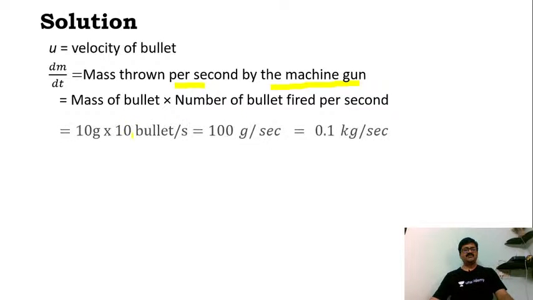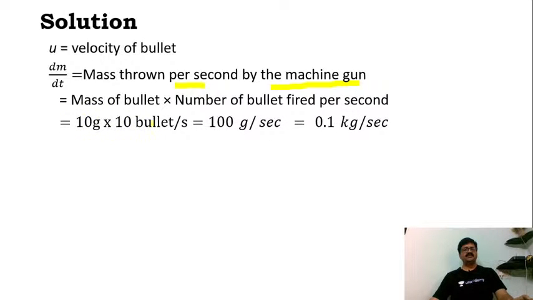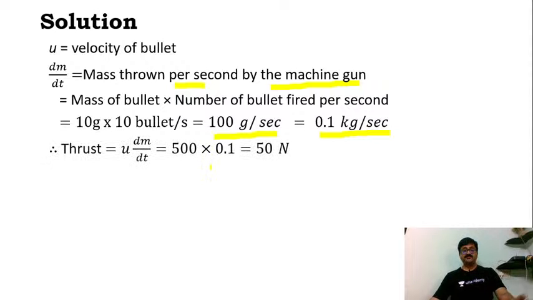So mass of bullet is 10 gram into 10 bullets per second, so obviously it will be 100 gram per second or 0.1 kg per second. Now we'll make use of Newton's second law here. We'll say that thrust is a force. Thrust is equal to u into dm by dt.